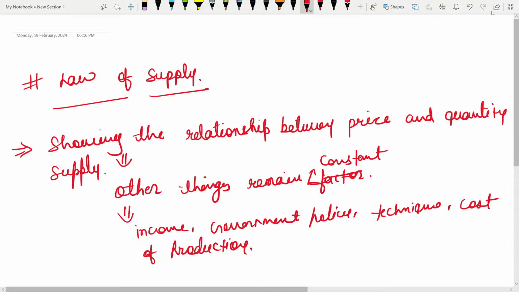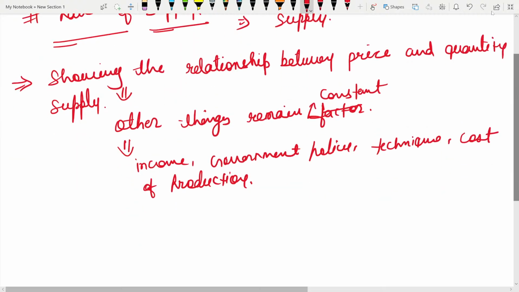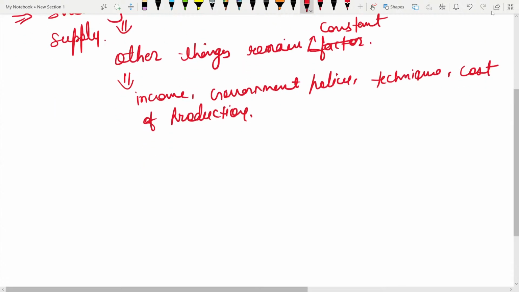So basically, here we are talking about the law of supply, and we will talk about two variables only, that is price and supply. If we see the relationship between price and supply, this is what the law of supply is. In the diagram of the law of supply, the supply curve goes upward.